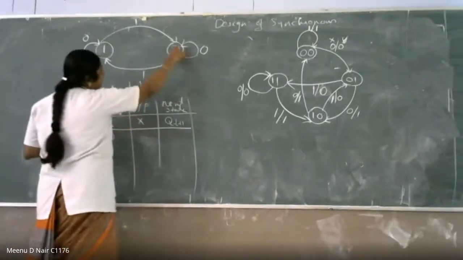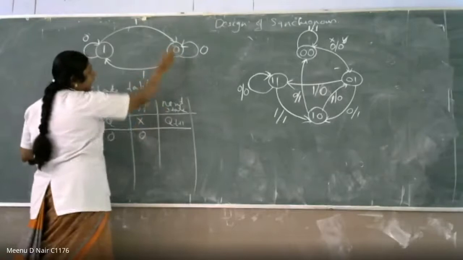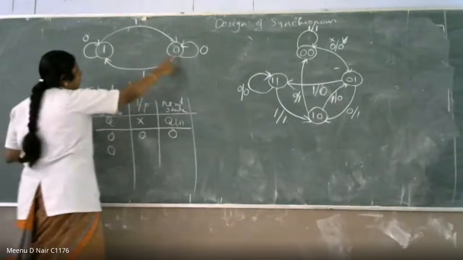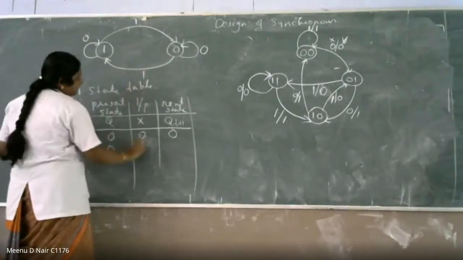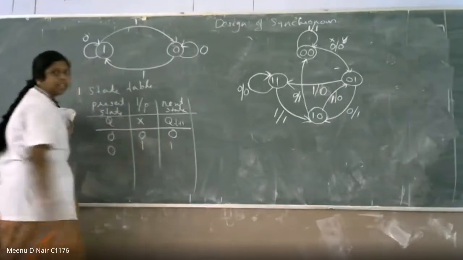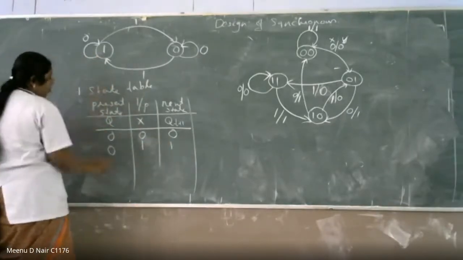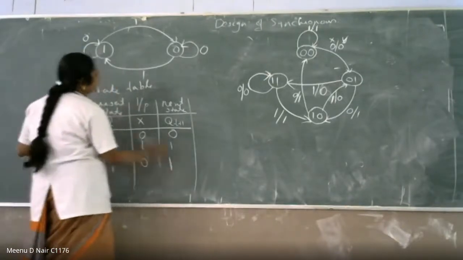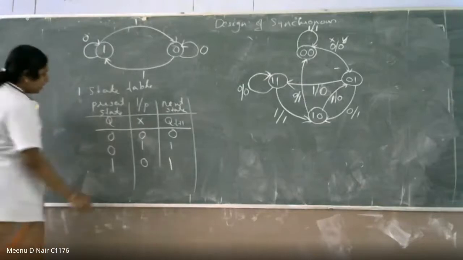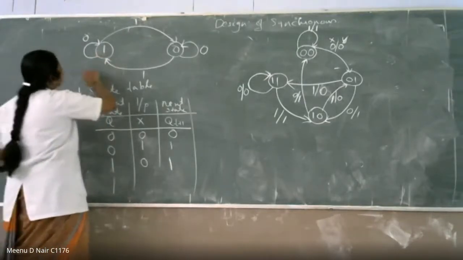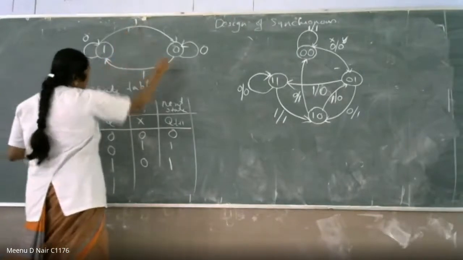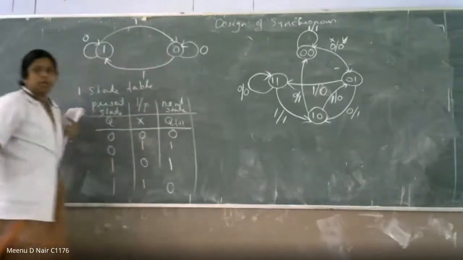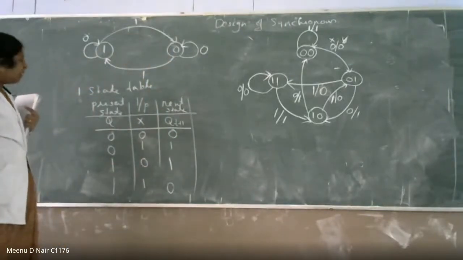If the input is 0, it will be back in 0, right? That is the next state. Again, present state is 0, input is 1, it will move to 1. The next state is 1. Then present state is 1. If the input is 0, it will stay in 1 again, right? Then present state is 1, if your input is 1, it will move to 0.